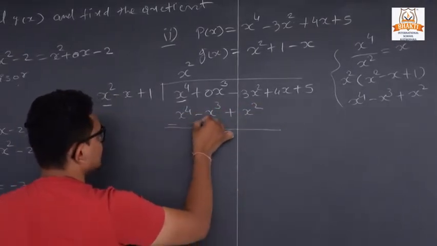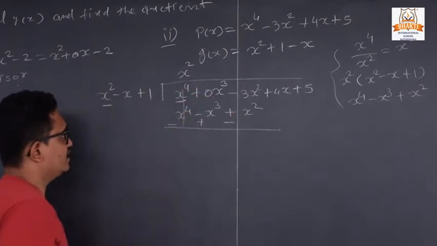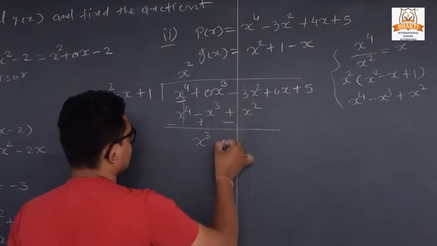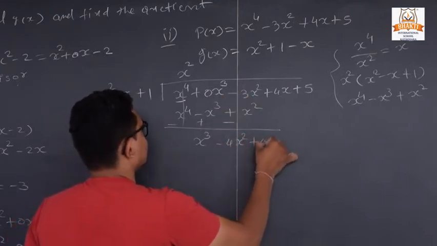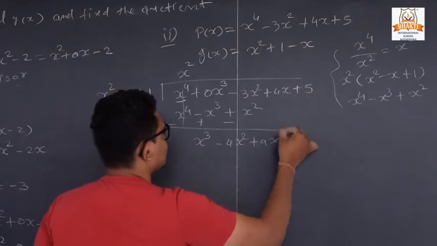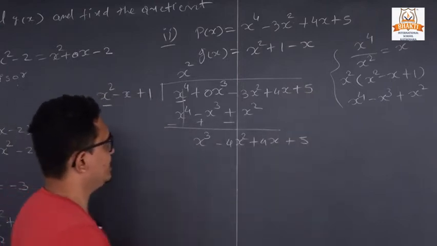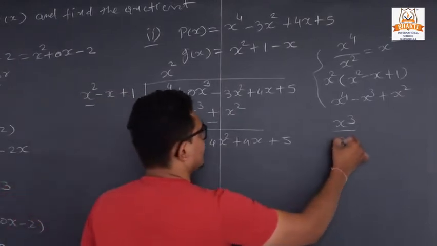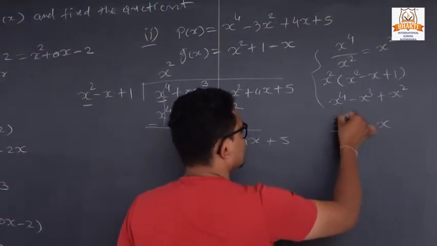Sign will be changed. So these both are cut, and here we have an x cube, then minus 4x square plus 4x, and these both will be same. Now once again x cube is divided with x square. So answer is x.